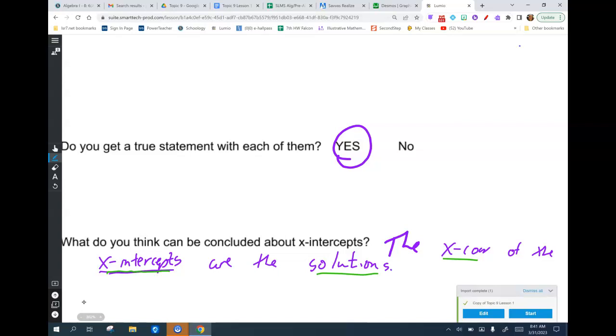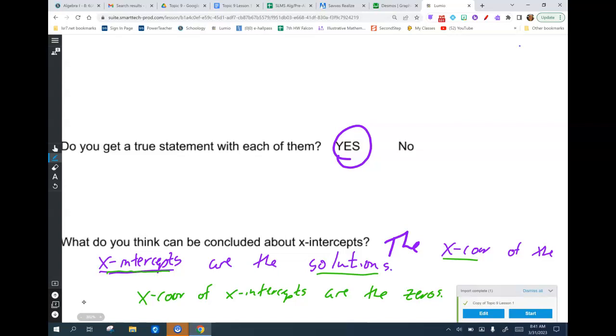The other thing you'll hear this referred to is that the x-coordinate of the x-intercepts are the zeros. I'll explain that more later, but if your homework asks what the zeros are, you're going to say the x-coordinate. Because they might ask, what are the x-intercepts?